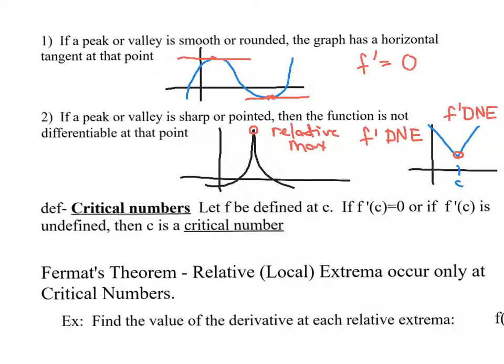So we can have any number of critical numbers on a graph. A critical number is going to be any place where the derivative is equal to 0, or where the derivative is undefined and possibly does not exist.